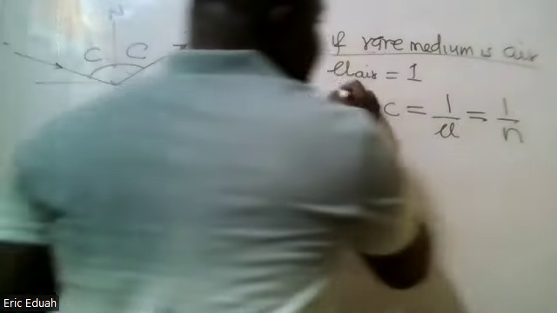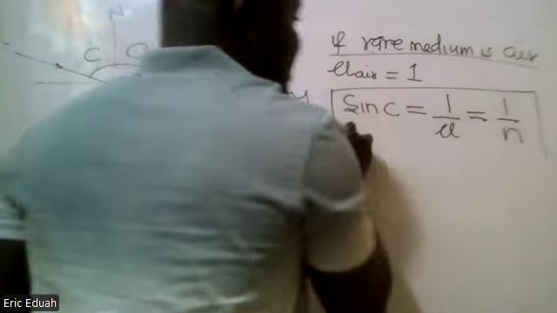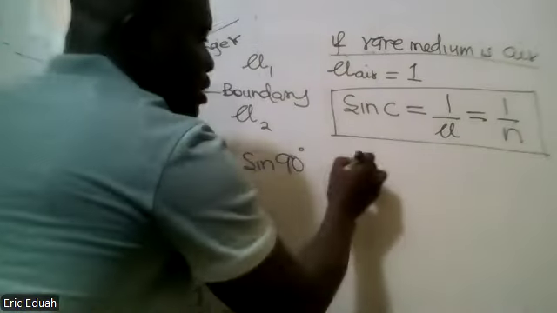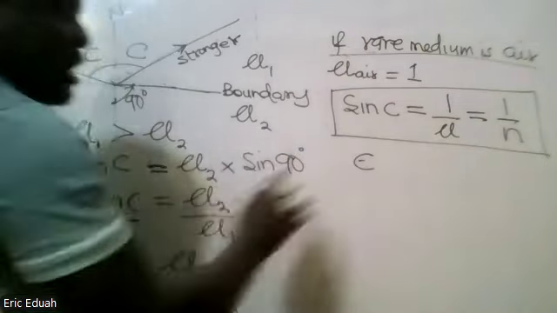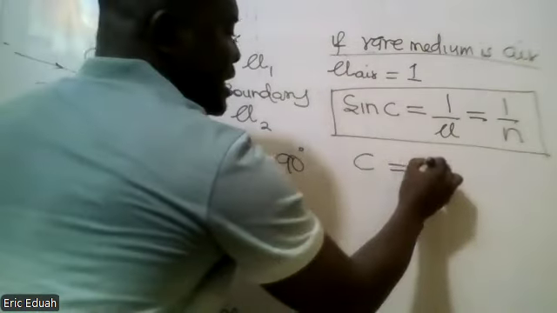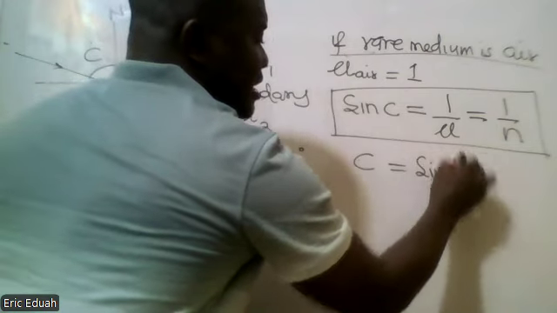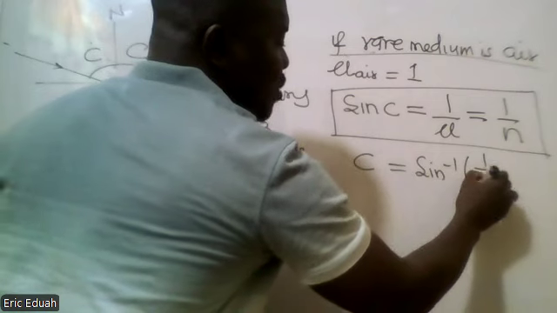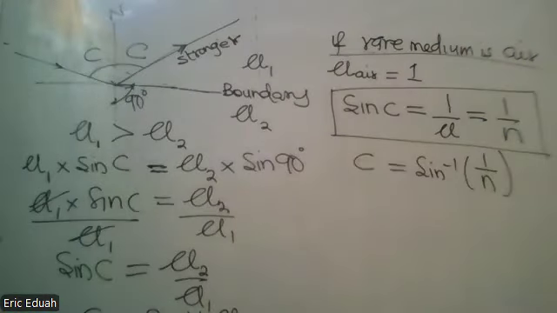So if the less dense medium is air, all the theory is saying is that to find the critical angle of the material, just take the sine inverse of 1 over the absolute refractive index of the dense medium. That's all.